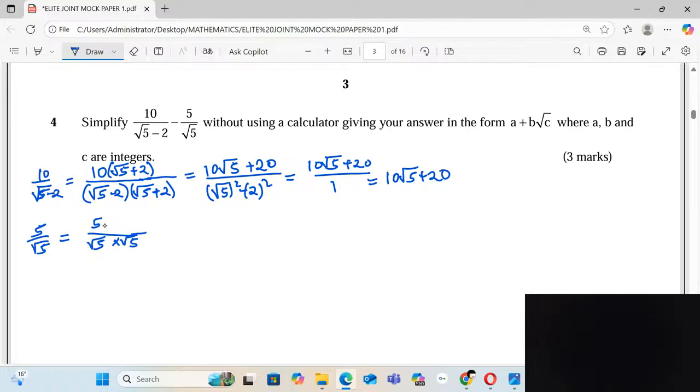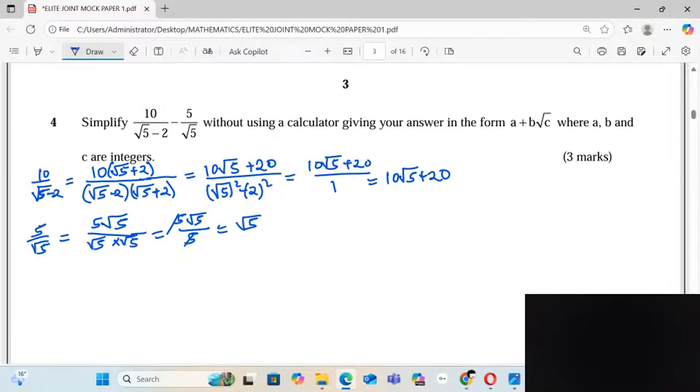Now we shall have 5 root 5 as the numerator, so that root 5 times root 5 we get 5 as the denominator. Our answer now, this 5 cancels with that one. We remain with root 5 as our answer.